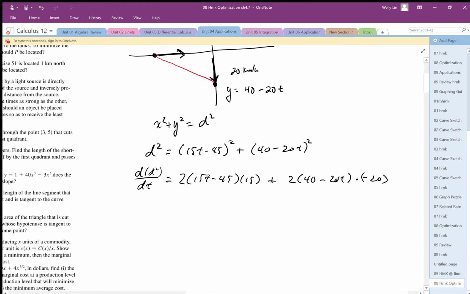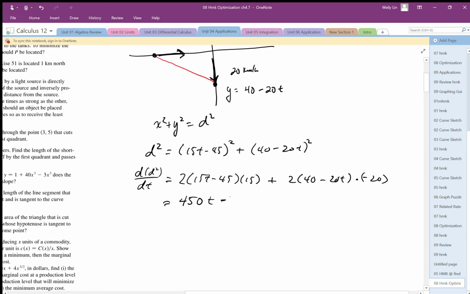Okay, simplifying this expression, I get 30t. Oops, no, I'm not going to get 30. 15 times 30 is 450. 45 times 2 times 15 is going to give me 1350, I think.